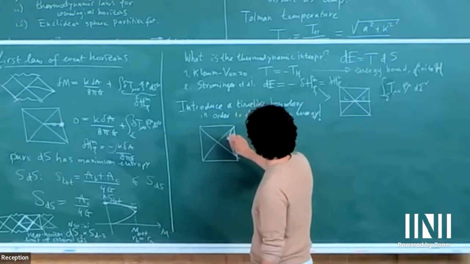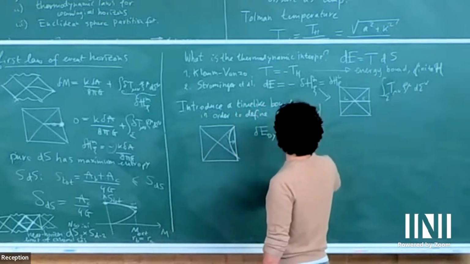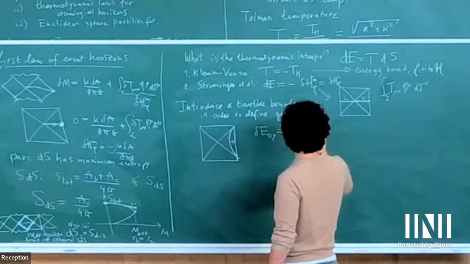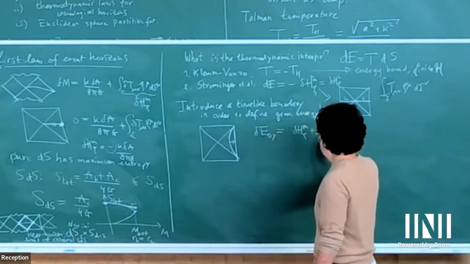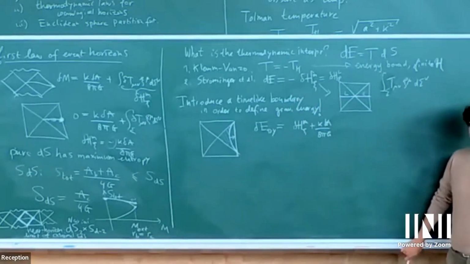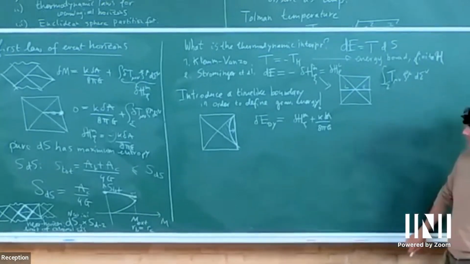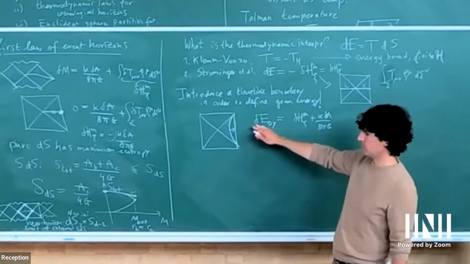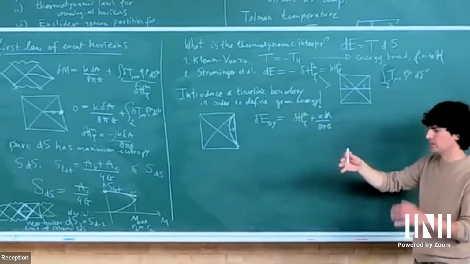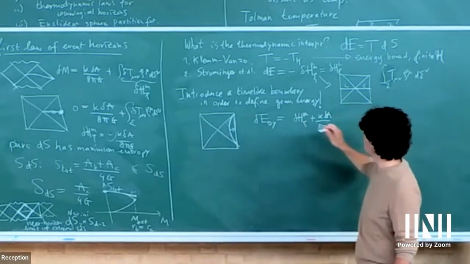The first law for this system with the boundary takes this form. So this is very similar to what you find for black holes, if you have a boundary surrounding a black hole, at some constant radius.